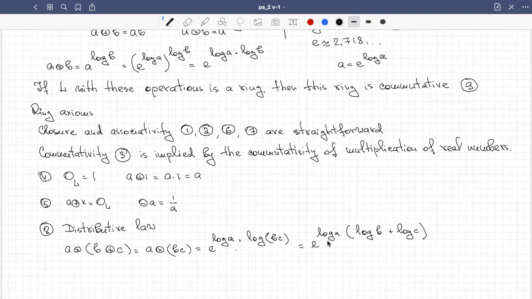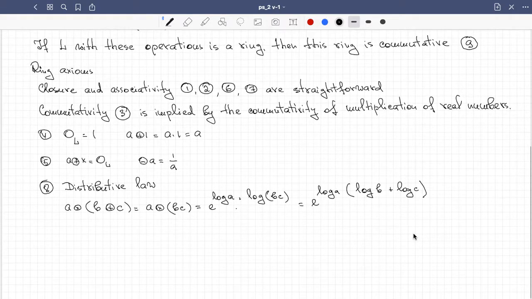Now the distributive law works here, and that is how it will work. That is the reason why it works in this situation. So this is e to the power log a times log b plus log a times log c.